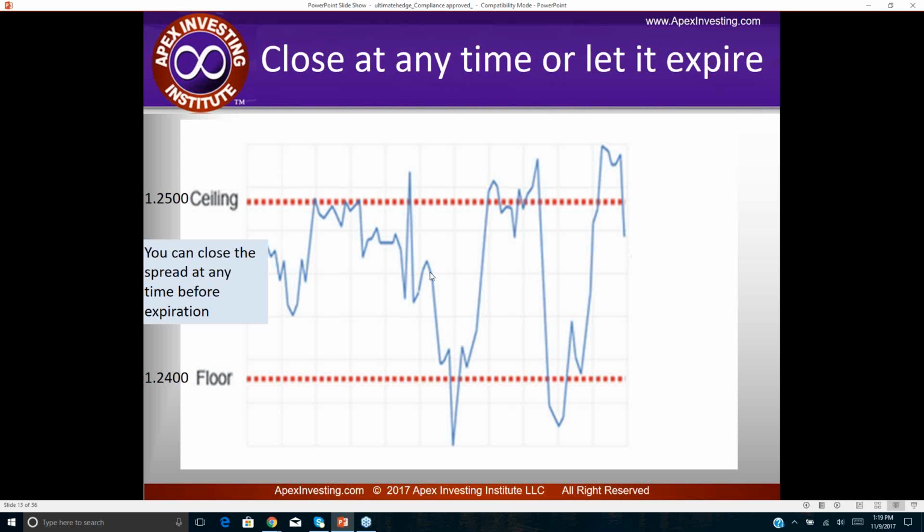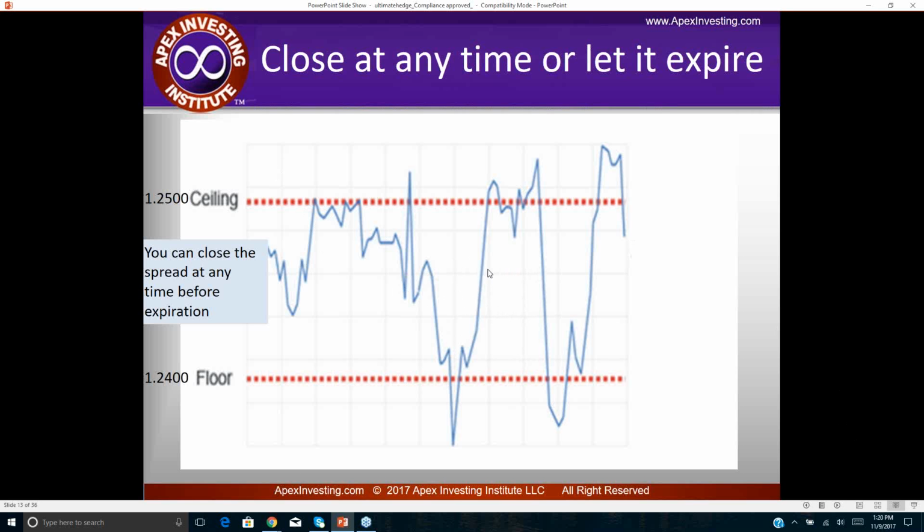For example, what if I bought this spread right here in the middle at $24.50, okay? So the market was right here, the price was right here at $24.50. To enter that trade, how much money do I have to put up out of my Nadex account if I want to buy this spread at $24.50?